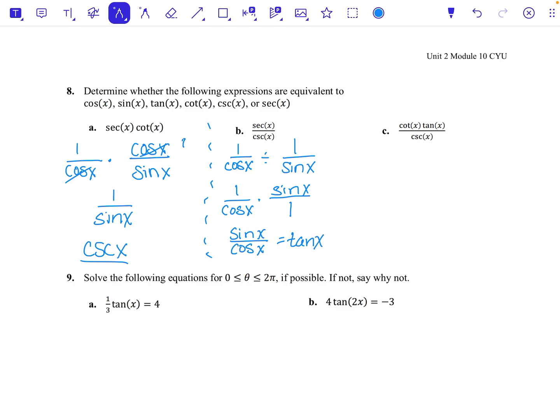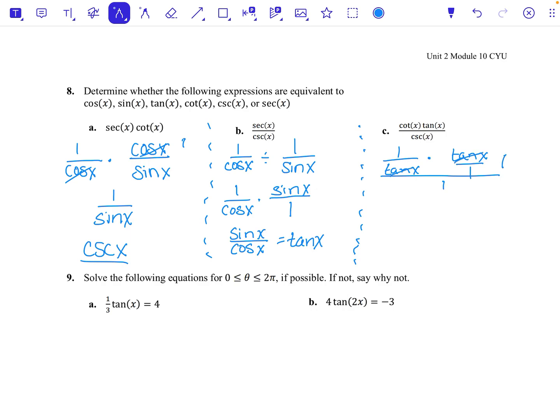All right, last but not least, we have cotangent times tangent, all divided by cosecant. Now, I could change this into sine over cosine, but there's an important thing to remember here in the numerator. Cotangent is really just equal to 1 over tangent. And if that's being multiplied with tangent of x, what's going to happen here in this numerator is that those are just going to cancel out to 1.